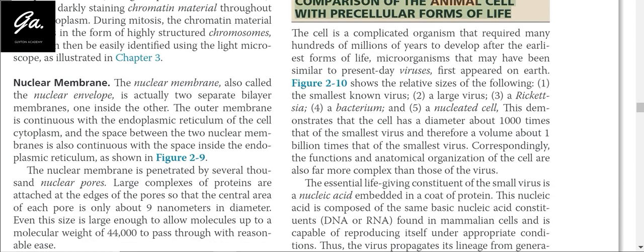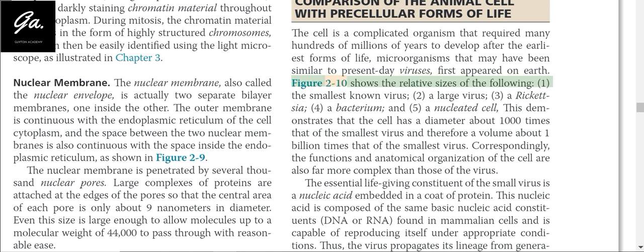Comparison of the animal cell with pre-cellular forms of life. The cell is a complicated organism that required many hundreds of millions of years to develop after the earliest forms of life, microorganisms that may have been similar to present-day viruses, first appeared on Earth.